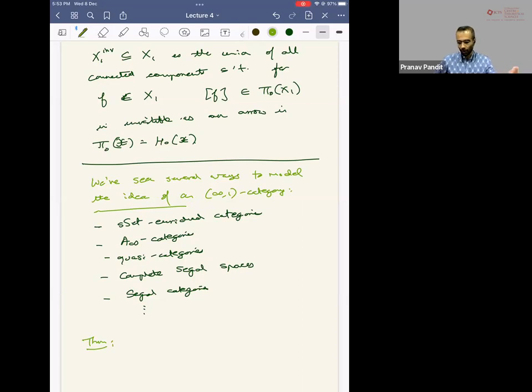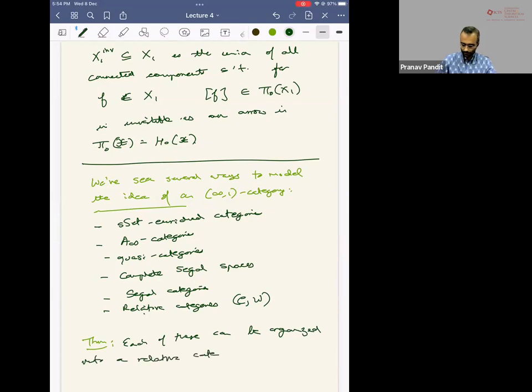So another way to say it is I could organize each of these into relative categories and then ask, are they equivalent after simplicial localization, right? So in fact, I could add relative categories as another model here. These are just pairs C, W, where C and W are ordinary categories. So each of these can be organized into a relative category, and the simplicial localizations are all equivalent.